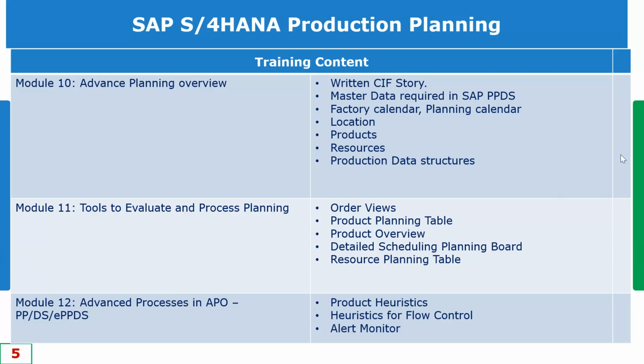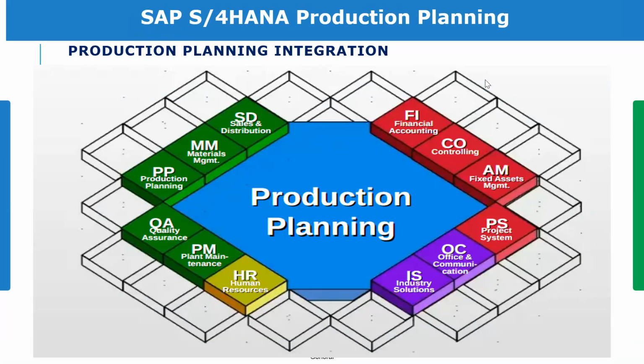I will give some overview about the APO part, but not in depth, because our main focus is PP, production planning. So you can understand advanced planning as an overview. These are the topics we are going to cover in our entire training session.